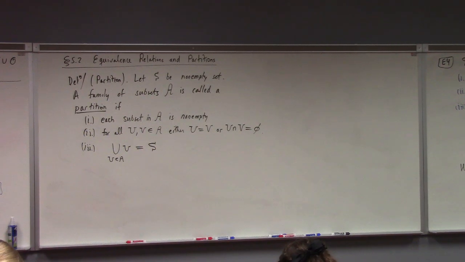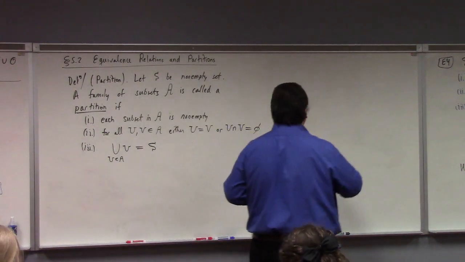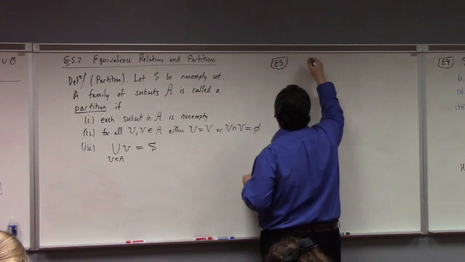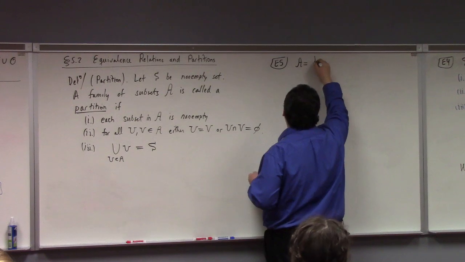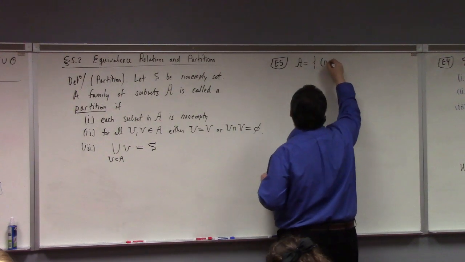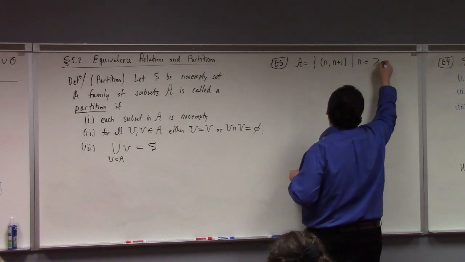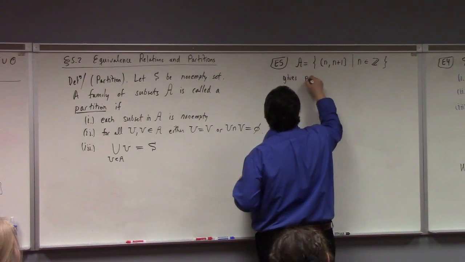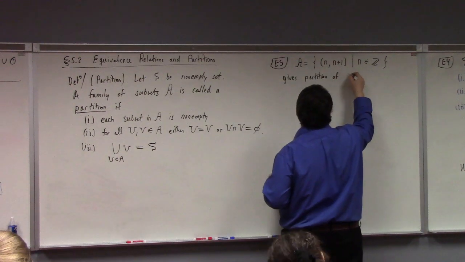All right, so an example, example 5. We could let A equal the intervals from n to n plus 1, such that n is an integer. This gives a partition of the reals.